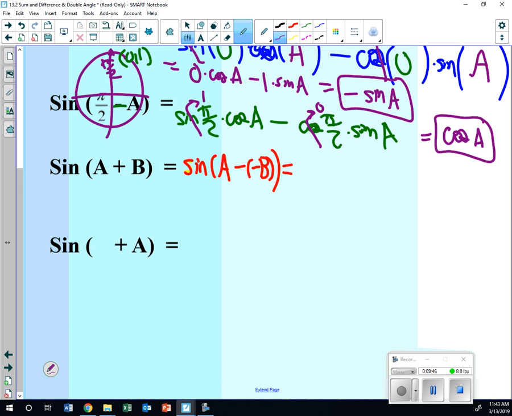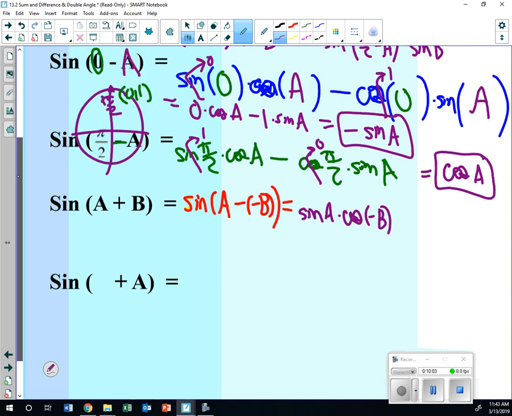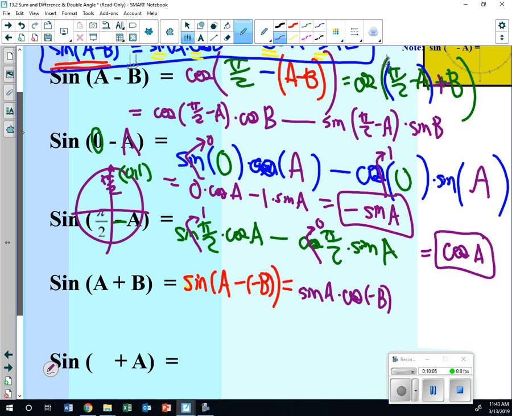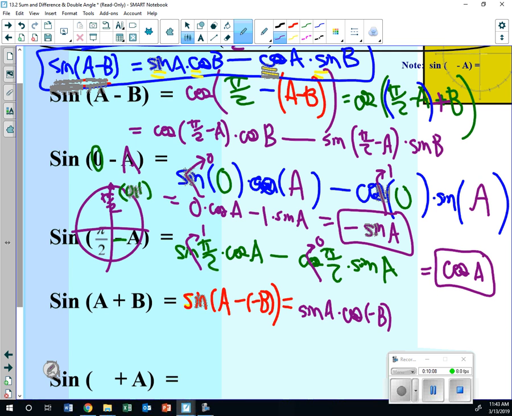All right. Two more. So sine of a plus b, sine of a minus a negative b. So this is going to be the sine of the first times the cosine of the second, which I'm going to make minus b, plus is the same as minus minus. So we're using this minus formula as our guide. So we did the sine of the first, cosine of the second, minus the cosine of the first times the sine of the second. Okay.